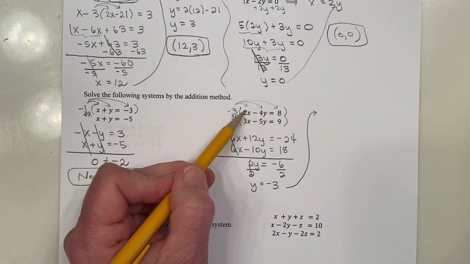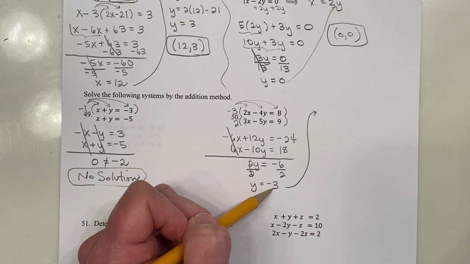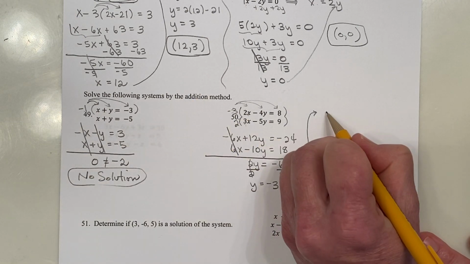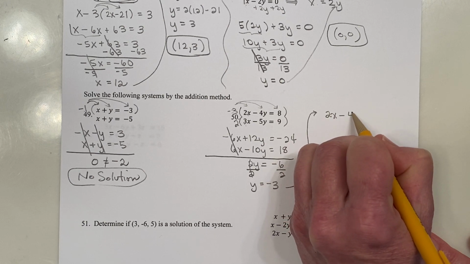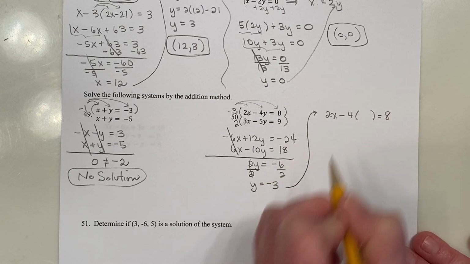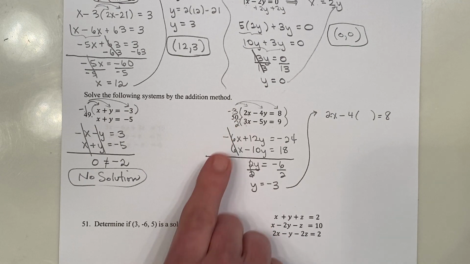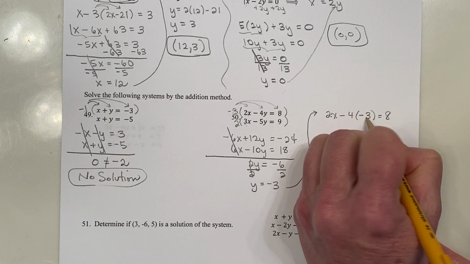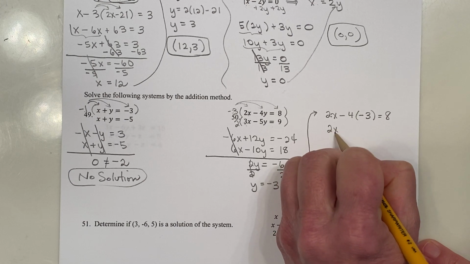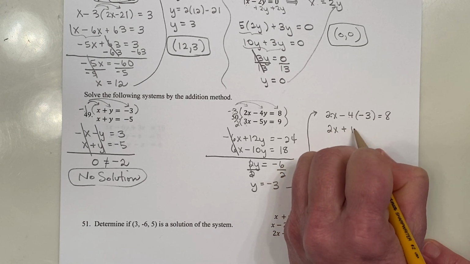It doesn't matter which equation you choose to replace in for y, -3, to get the x. If we don't make any mistakes, we'll get the same answer. So using the top equation, I'm going to dump in where the y is, -3. So negative times negative is +12.